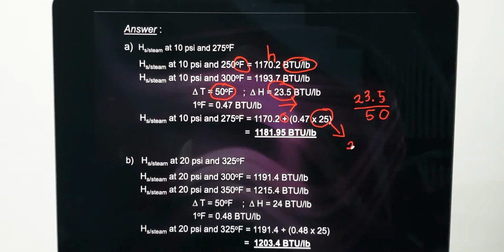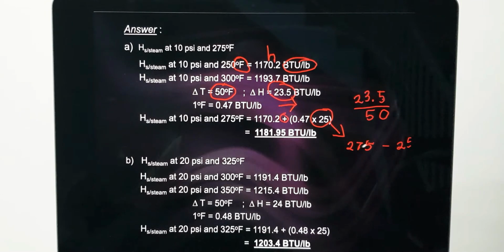So this is 275 minus 250, and you should be able to get 25. Add the value and you should be able to get 1181.95 BTU per pound.